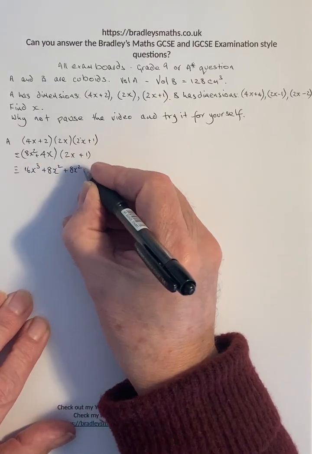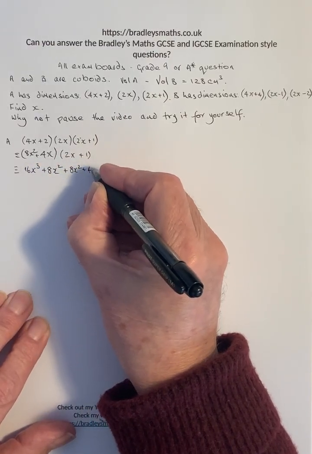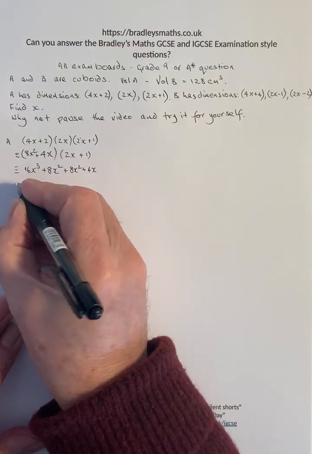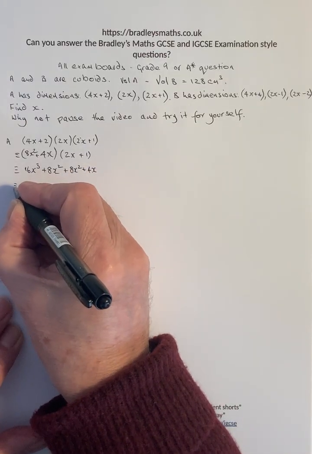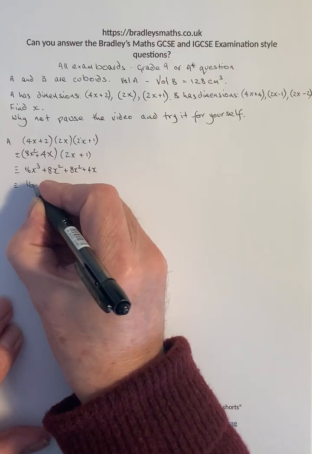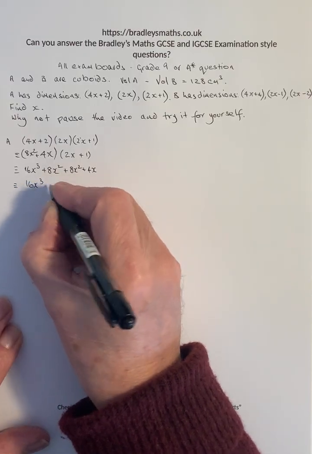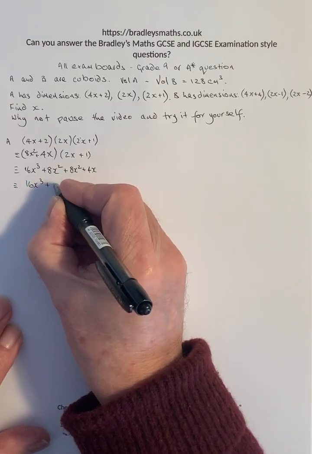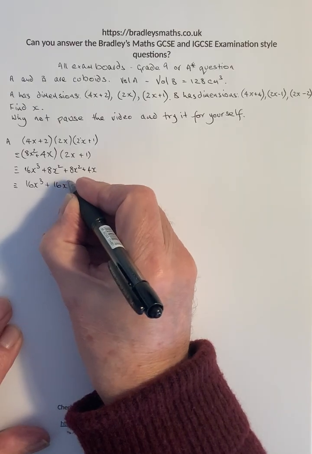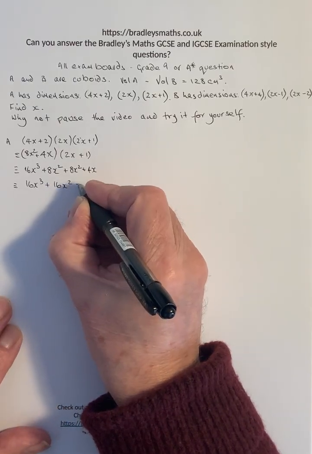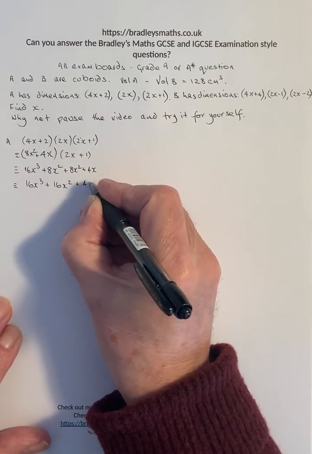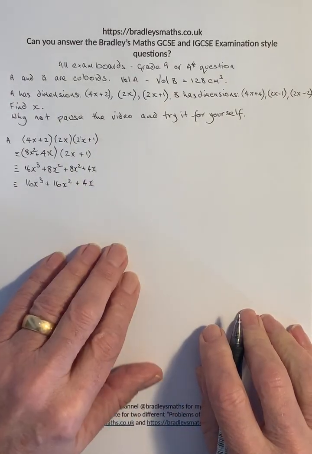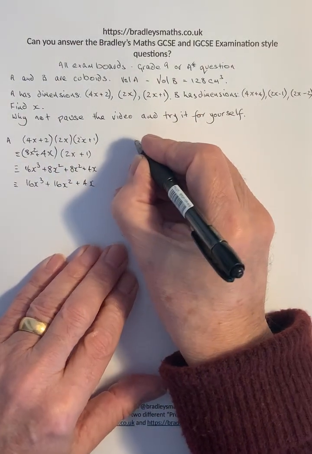And 1 times 4x is 4x. So this then tidies up to 16x cubed plus 16x squared plus 4x. Okay, I'm going to do B over here then.